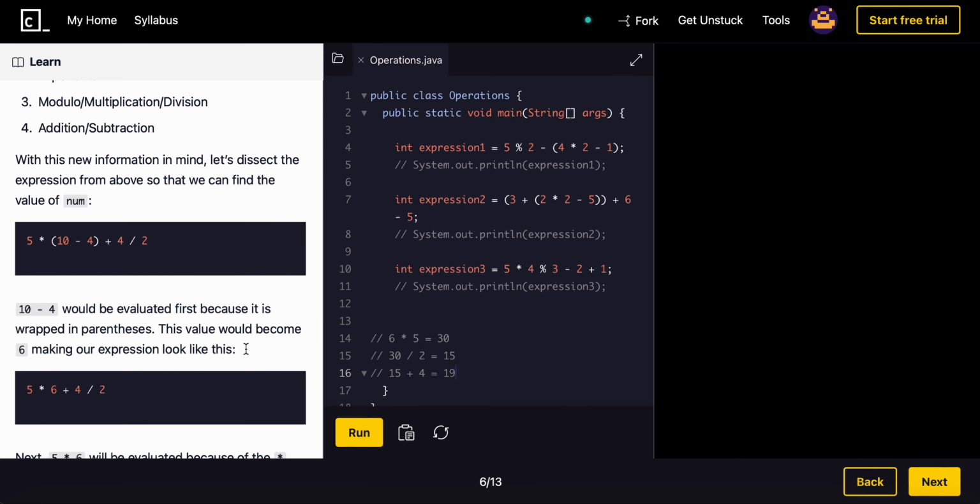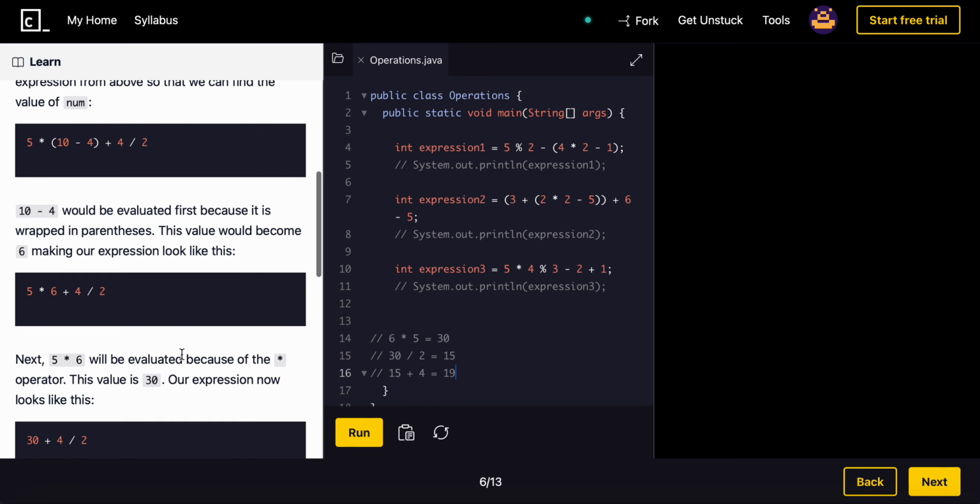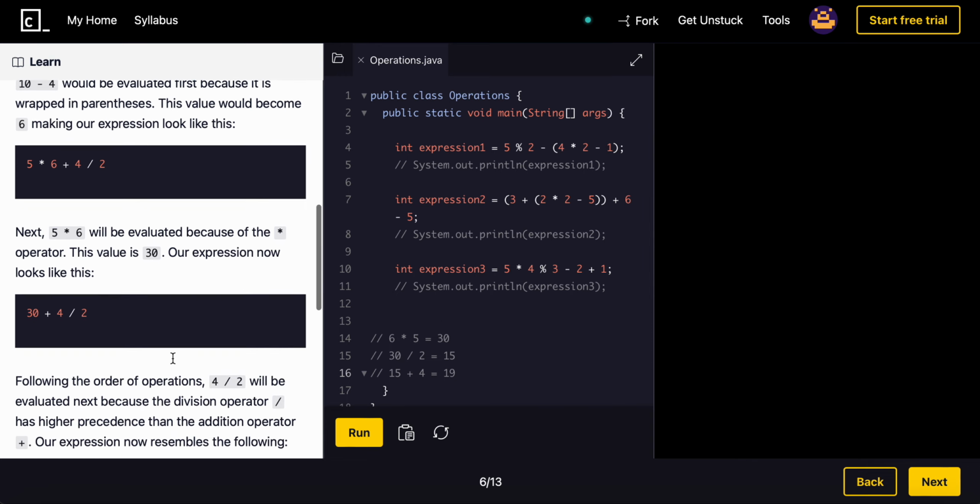10 minus 4 would be evaluated first because it is wrapped in parentheses. This value would become 6, making it this. Next, of course, it would be 5 times 6, making it this. And then following the order of operations, 4 divided by 2 will be evaluated next because the division operator has higher precedence.